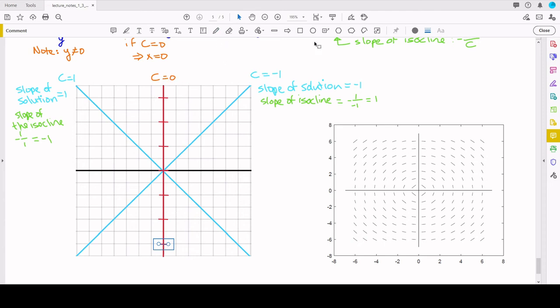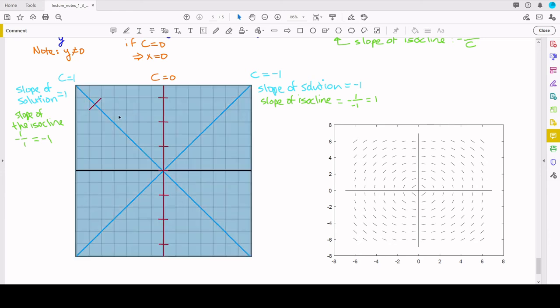Now let's take a look at the isocline where c equals 1. So c equals 1, that means we have a little line segment that has slope 1. So something like this.